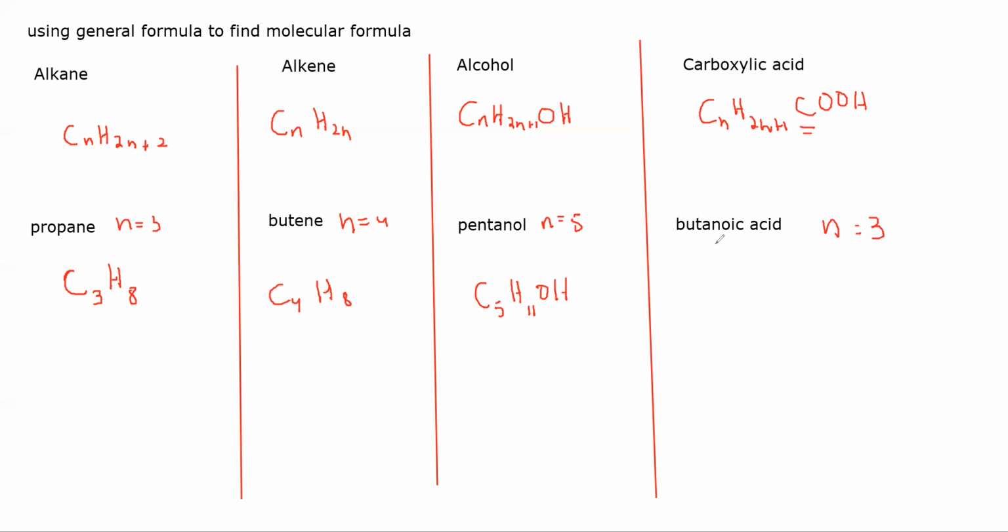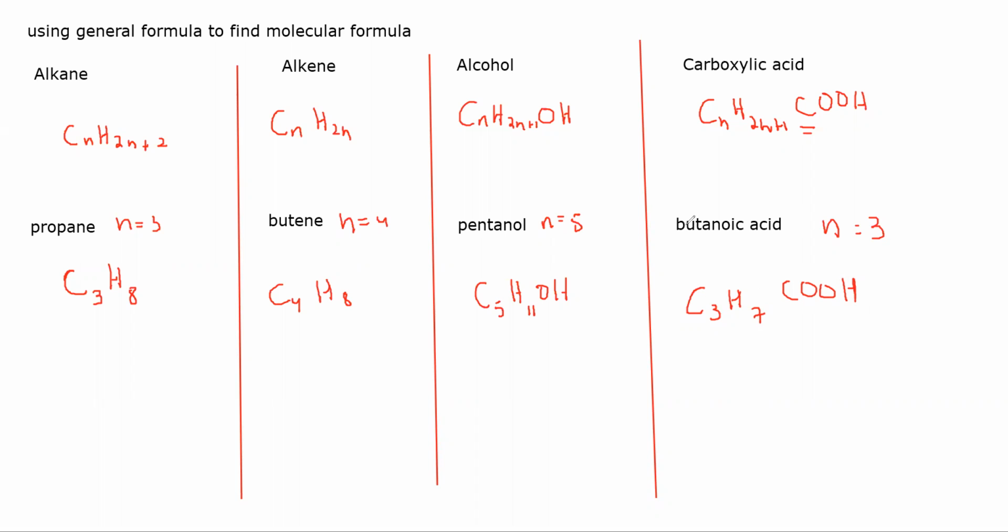Butanoic acid means 4 carbon in the structure, but one of the carbons is already there in the general formula. So it will be C3H, 3 multiplied by 2, 6, plus 1, 7. So C3H7COOH. And you can see here when I write the final formula, I have 4 carbons, 3 here and 1.